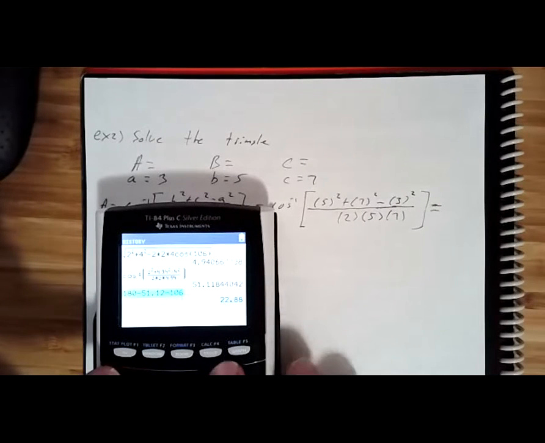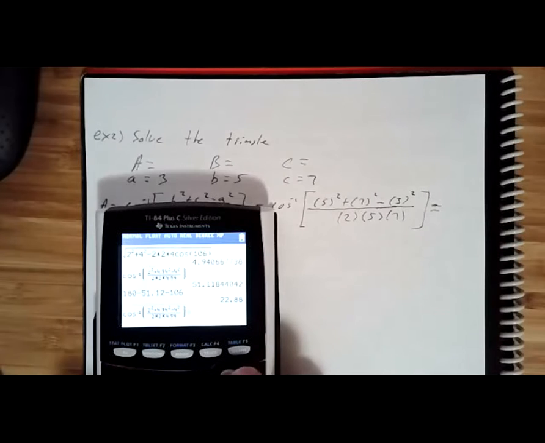So 5 squared plus 7 squared minus 3 squared over 2 times 5 times 7.